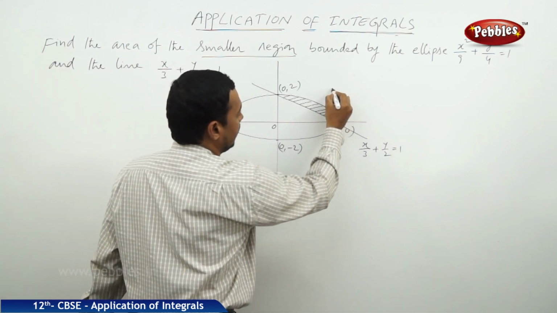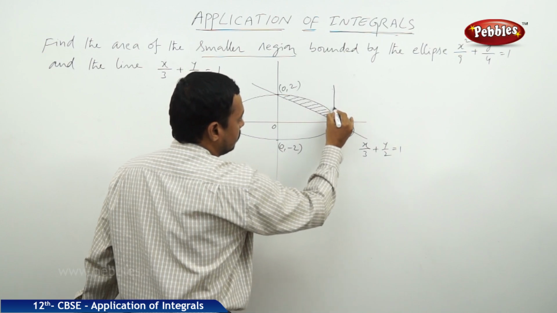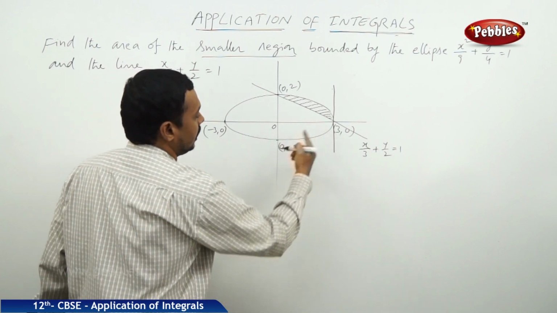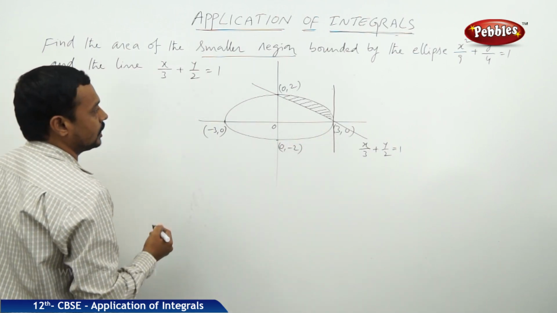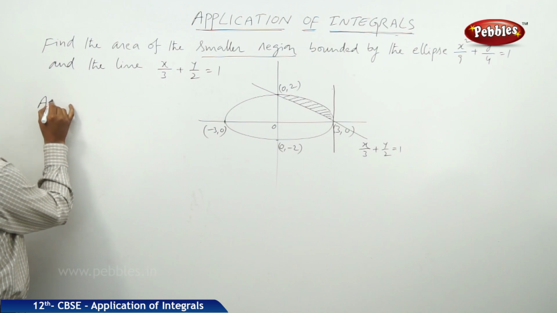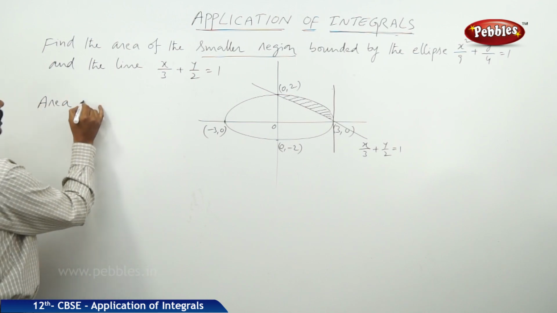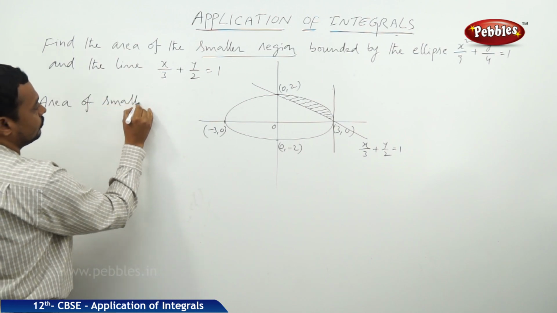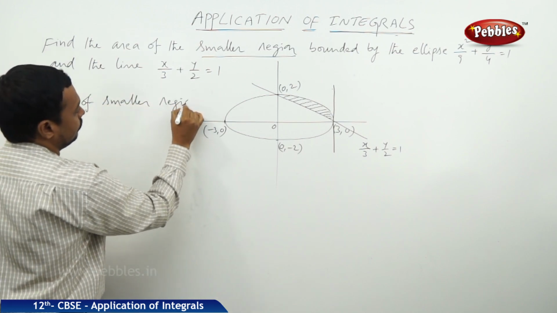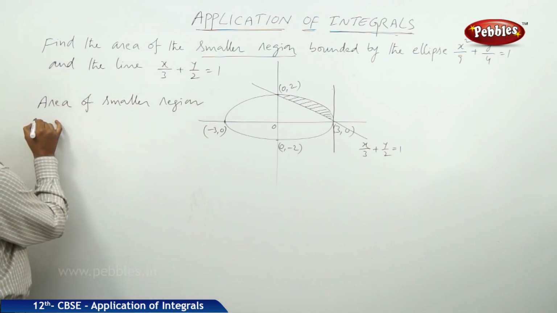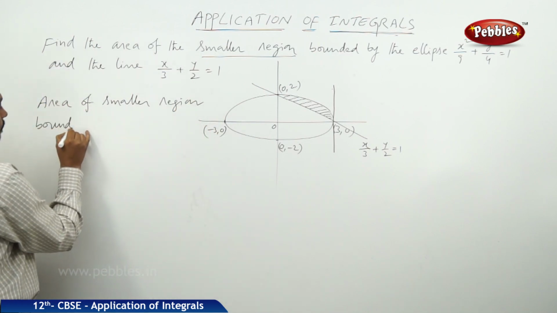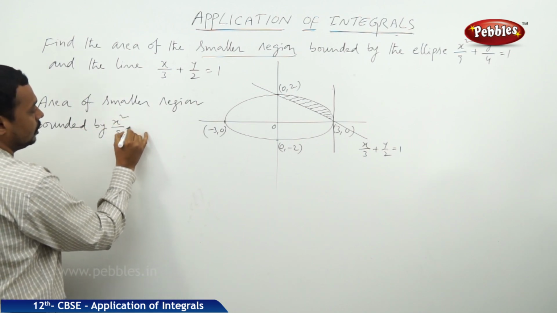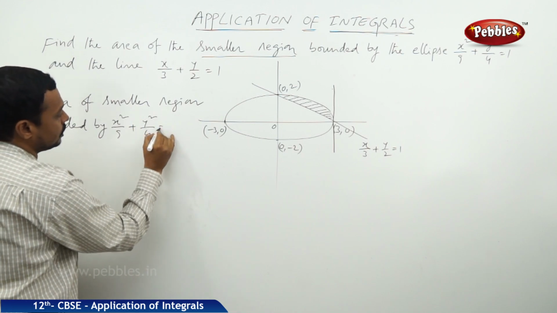So we can integrate the difference of the curves between x is equal to 0 and x is equal to 3. Therefore, the required area, the area of the smaller region bounded by the ellipse x square by 9 plus y square by 4 is equal to 1.